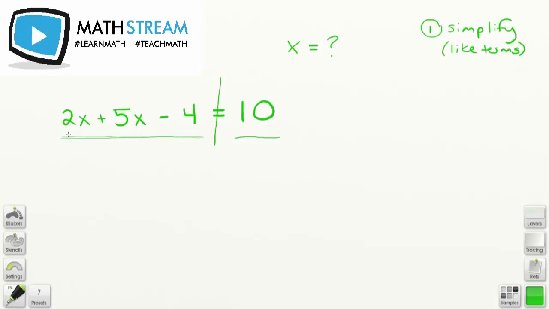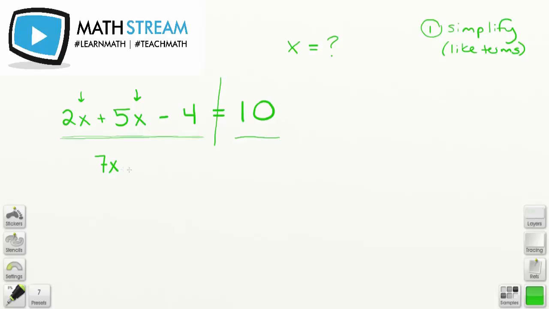And as you may recall from the previous lesson, 2x and 5x are like terms because they both have an x in them. 2 x's plus 5 more x's is 7 x's. Again, that's the same as saying 2 suitcases plus 5 suitcases is 7 suitcases. Why not write it simply if we can?